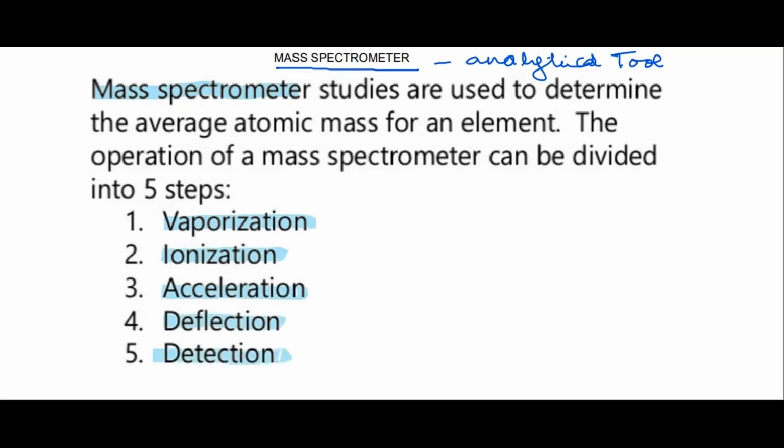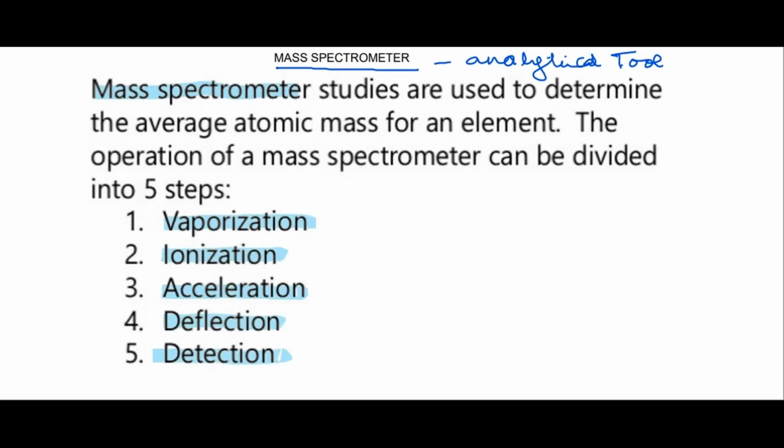After the sample of the element undergoes all these 5 processes, at the end the different types of atoms present in an element, which are basically the isotopes, are identified and detected in a computer probe, and you get a graphical representation of that, which is also known as the mass spectra.